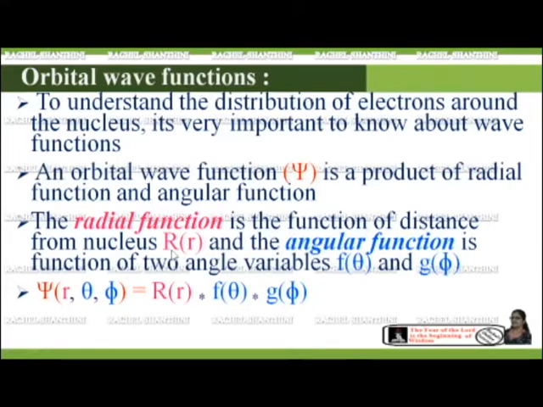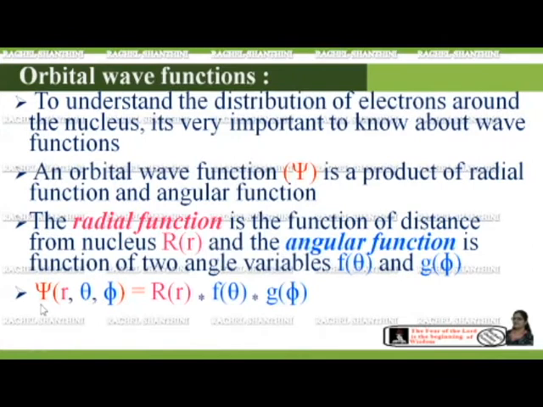We'll represent it by capital R of small r, and the angular function is the function of two angle variables, that is f of theta and g of phi. So we can write the wave function psi of r, theta, phi is equal to capital R of r, that is the radial function, into the angular function. What is the angular function? F of theta into g of phi.